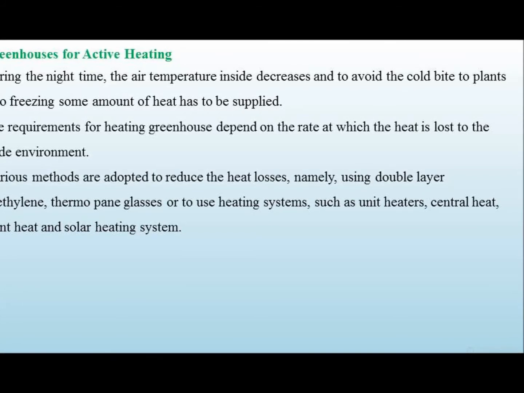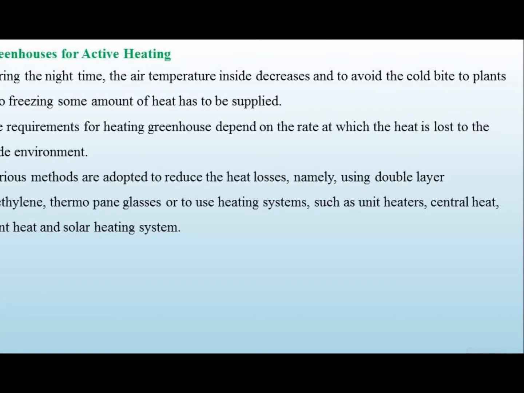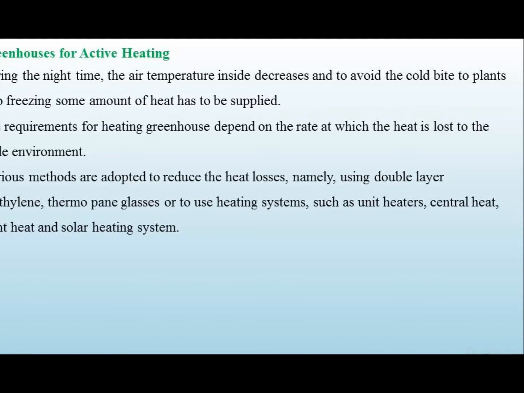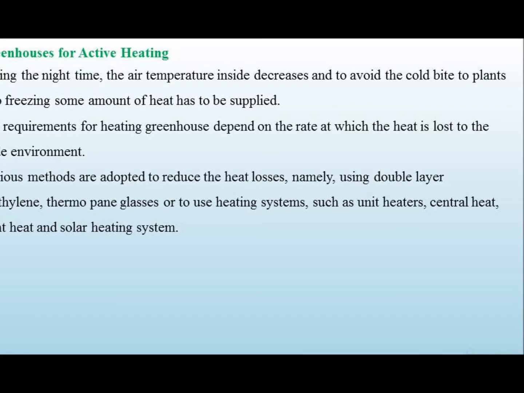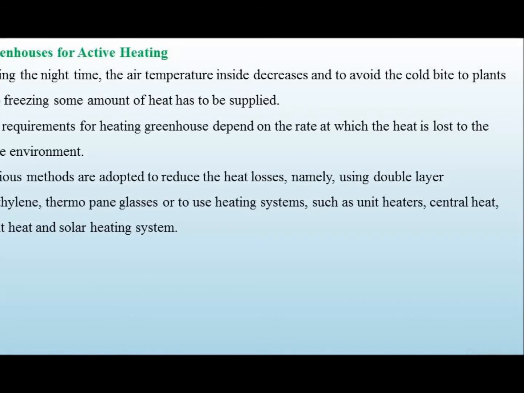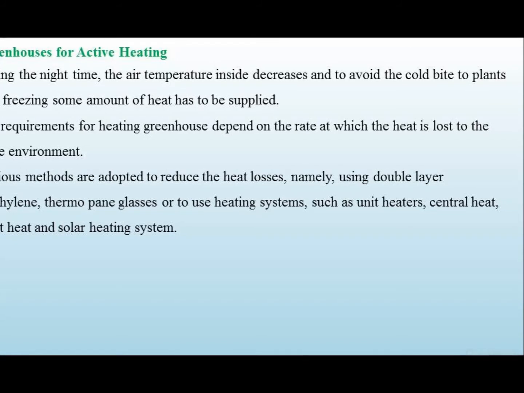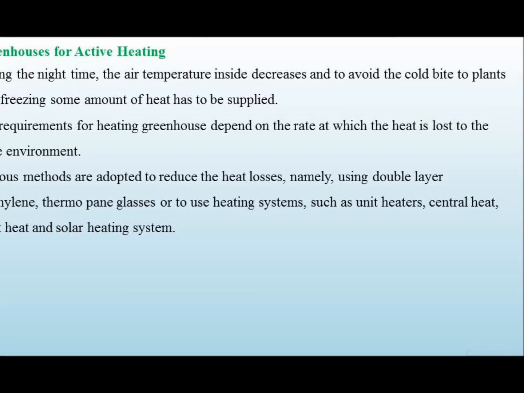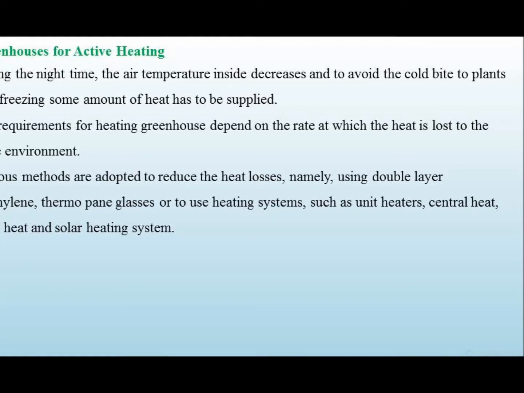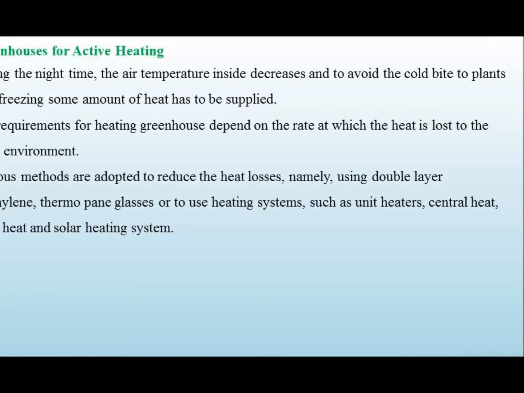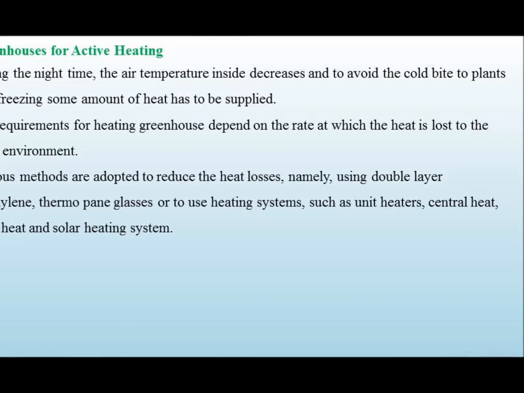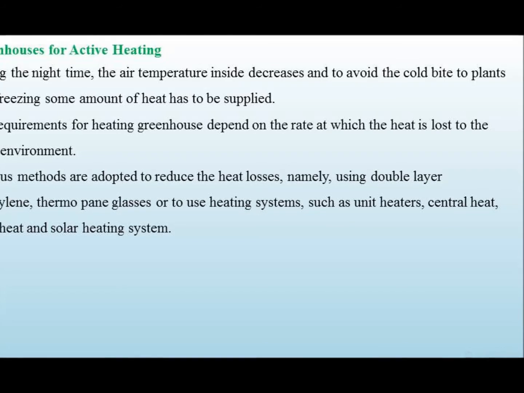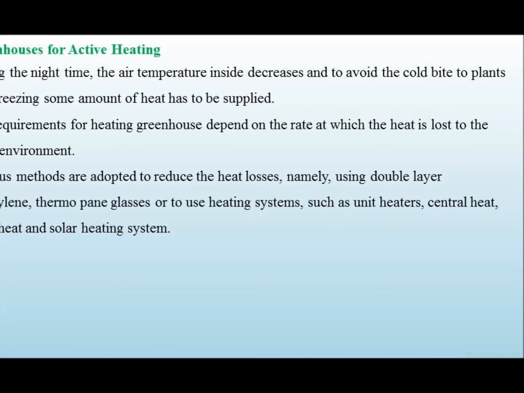Generally, in a greenhouse, heat is lost in three ways. First, the warm air moves outside the greenhouse and its place is replaced by cooler air. Second, heat is transferred through the covering material itself, and sometimes heat is lost through the soil or floor of the greenhouse.